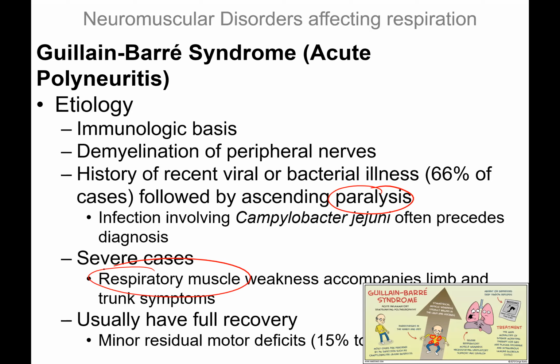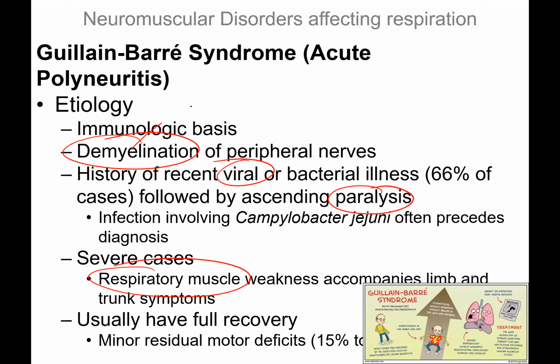Sometimes it can self-resolve. It can be a side effect of medication or of a viral attack, but it can also become more permanent with demyelination.